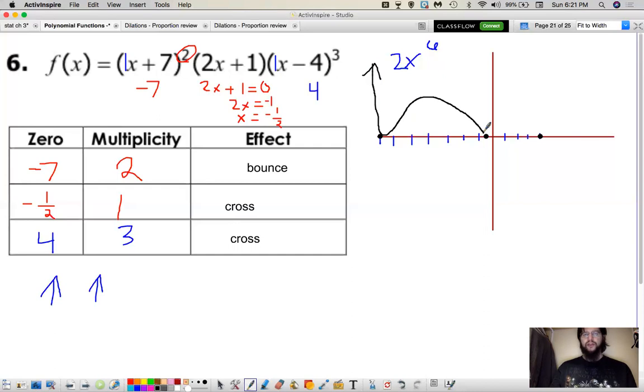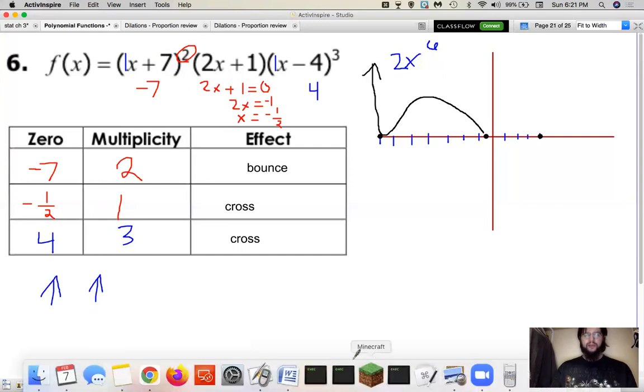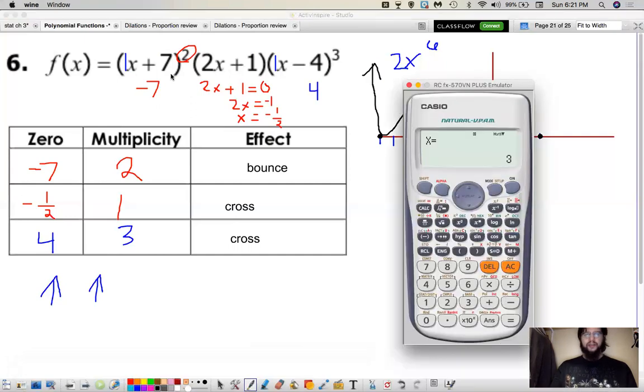Ooh, I could figure out what my y-intercept is by plugging in 0 for x. It's going to be ridiculously huge, but we can see that. It's got to be the 7 squared times 1 times -4 cubed.